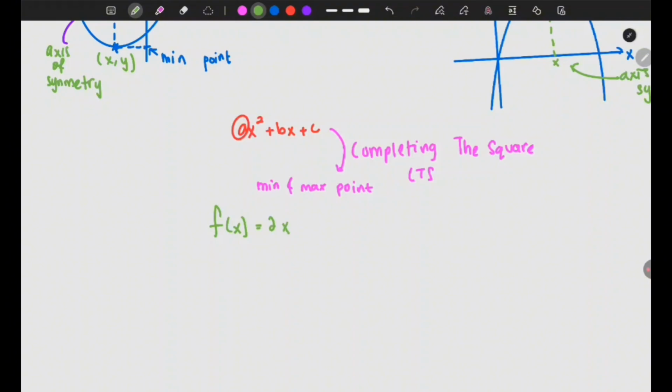Let's just say this is my quadratic function. How am I going to find the minimum or maximum point? You have to do completing the square.